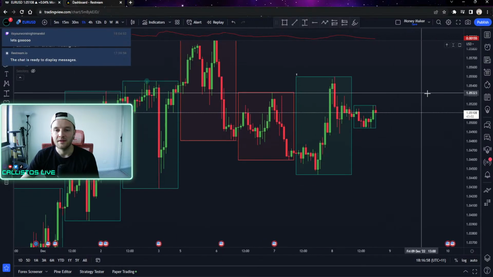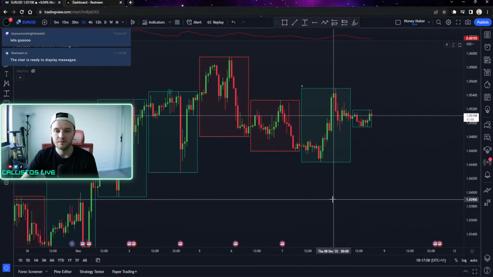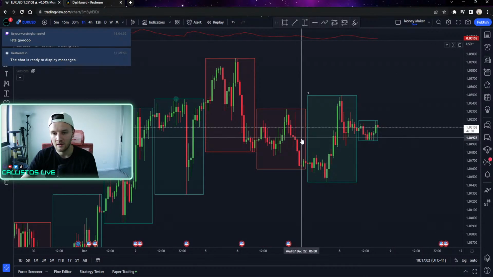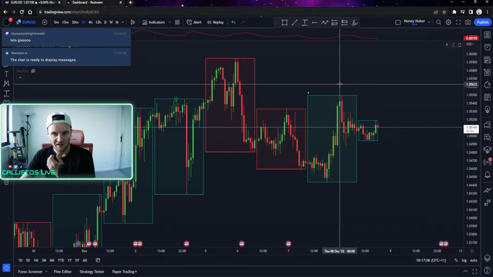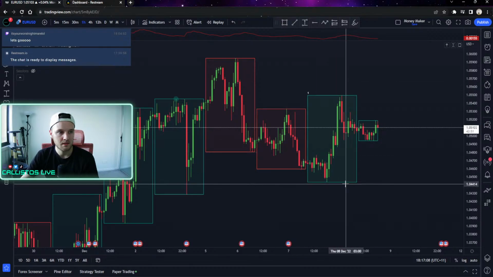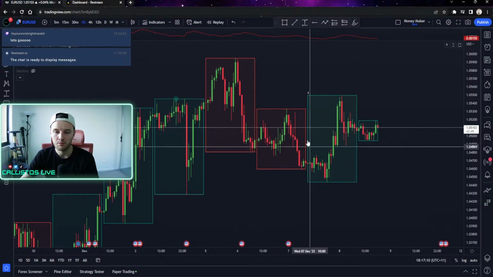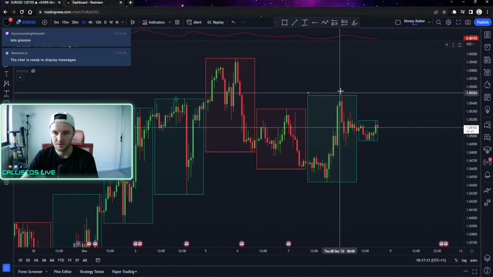If we take a look at the daily candles, from this perspective, we can see that yesterday spiked out of the lows, and then it came and spiked out of the highs. And this candle engulfed that whole previous daily candle, right, to the upside.